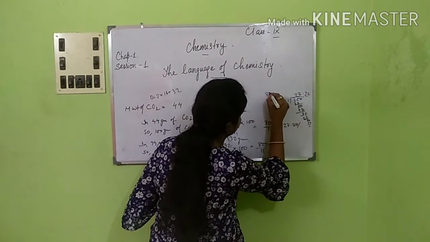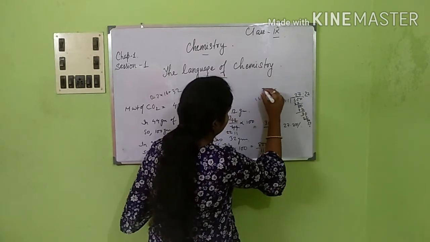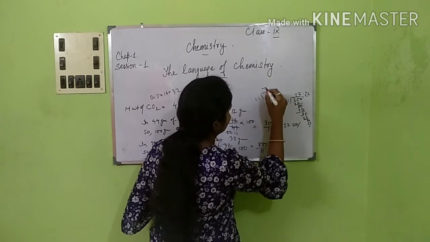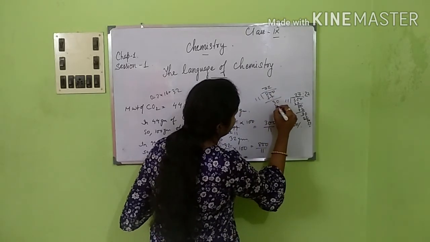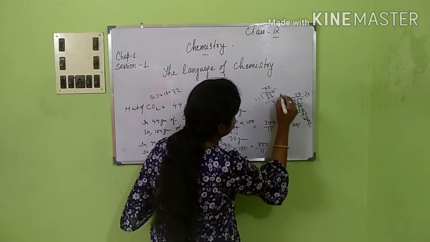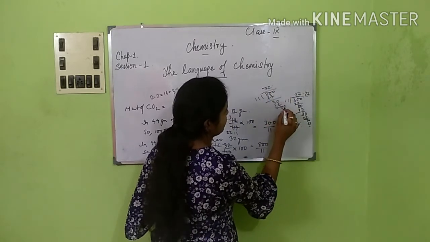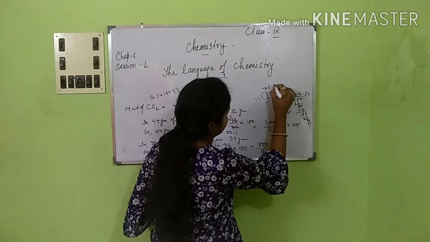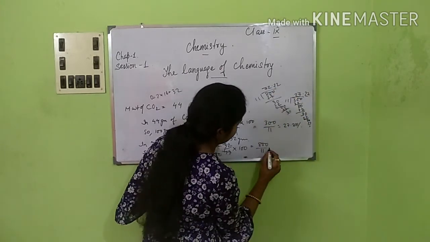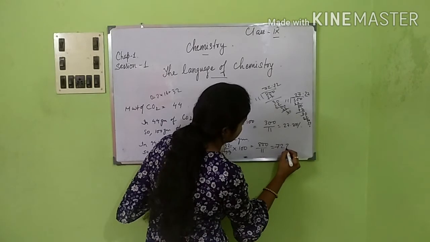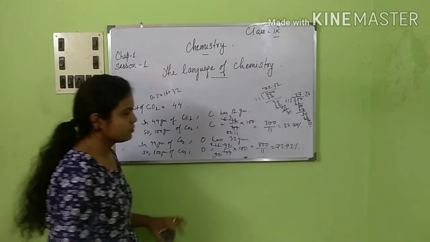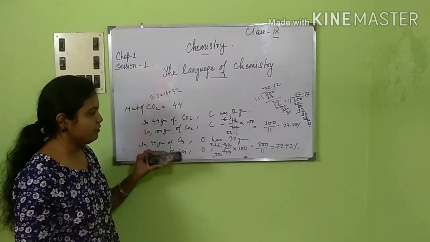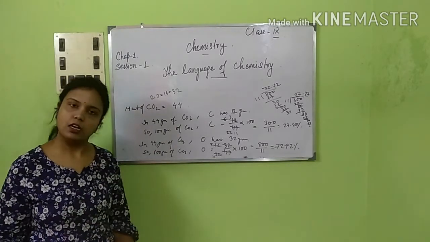You can again do the division. 11 7s are 77, 80 minus 77 is 3, bring down the 0, that is 30, 2 11s are 22, remainder 8, and again 77, 30, that is 7 and 2. So you are getting 72.72%. So this is how you calculate the percentage of each of the elements present in the compound.